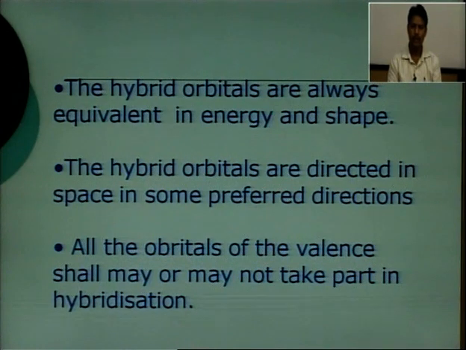All the orbitals of a valence shell may or may not take part in hybridization. It is not necessary that all the orbitals take part; some orbitals might not take part in hybridization.